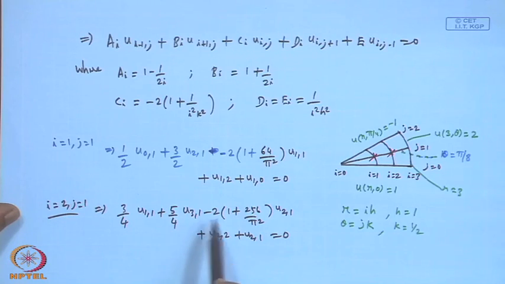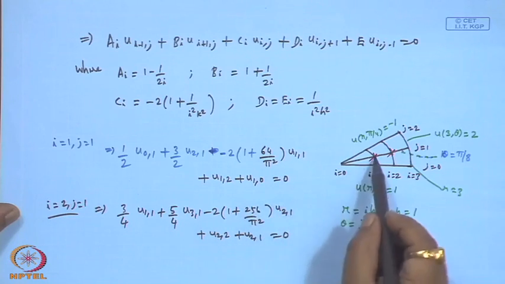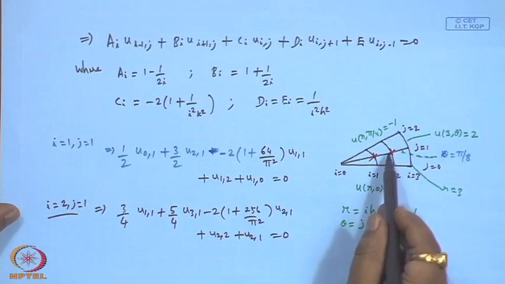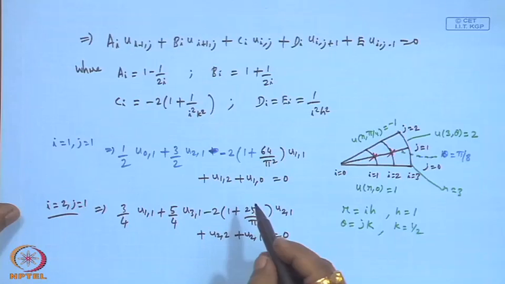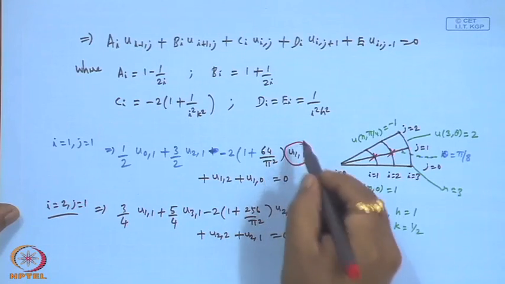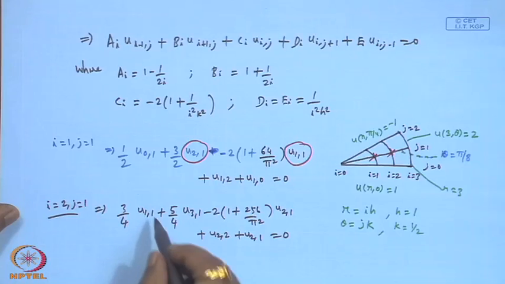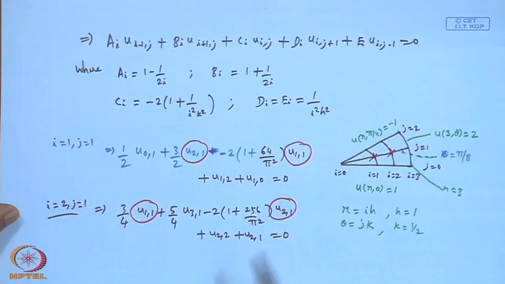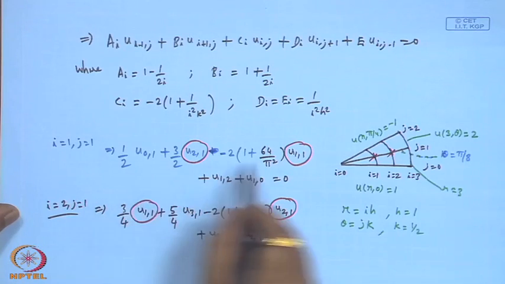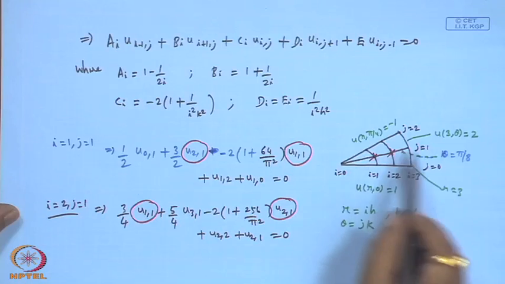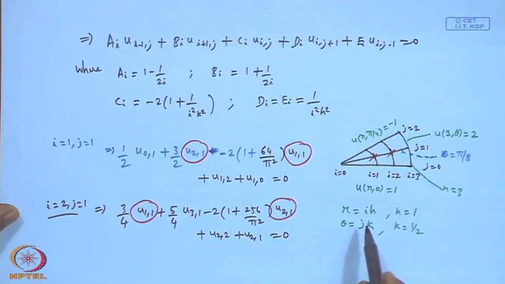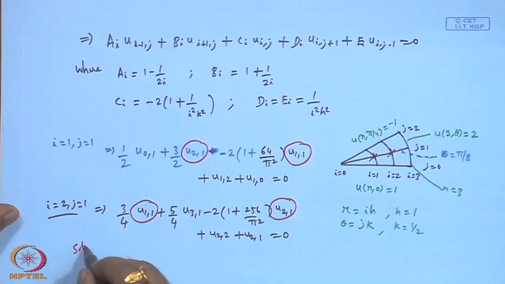And we know these are the points, unknowns u_11 and u_21. Okay. So, what are the unknowns? u_11, u_21, and the remaining we substitute from the boundary data, okay, and solve.